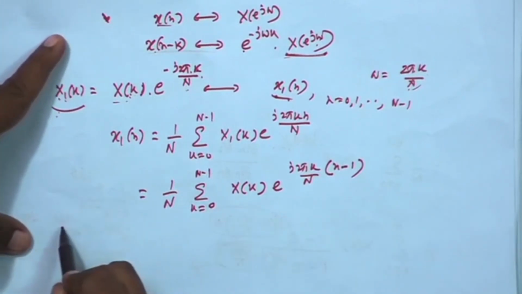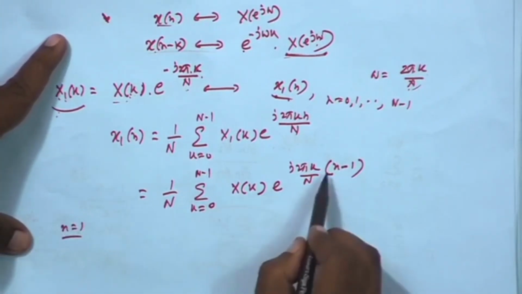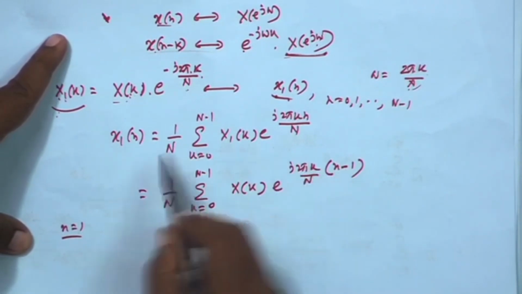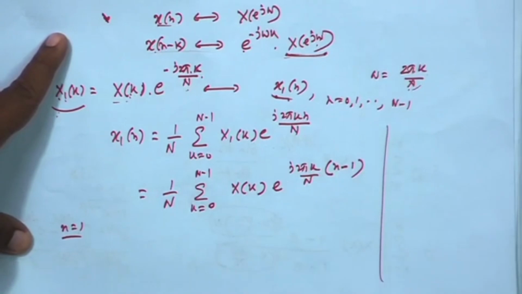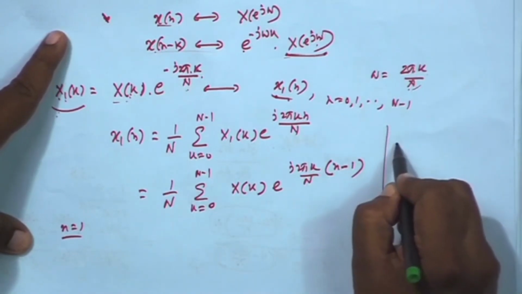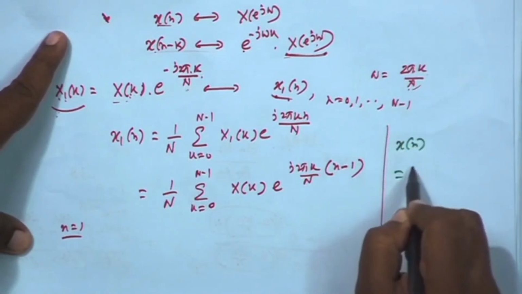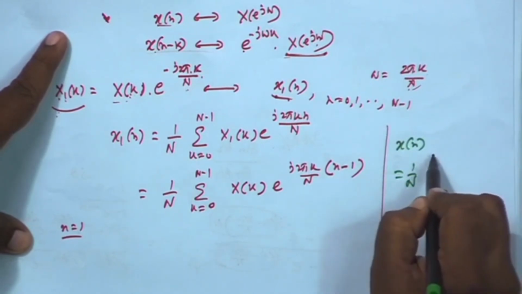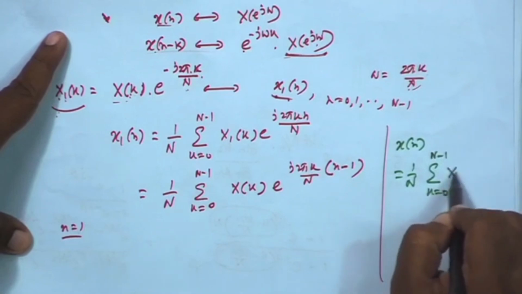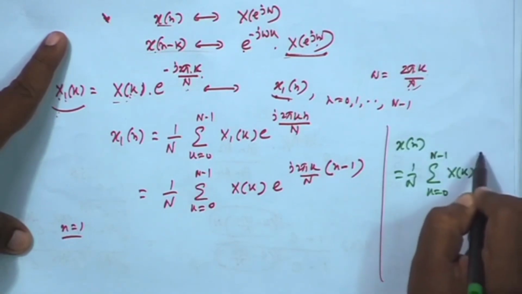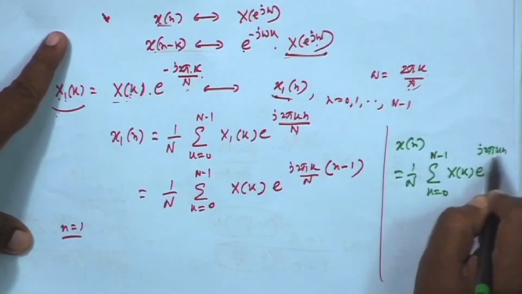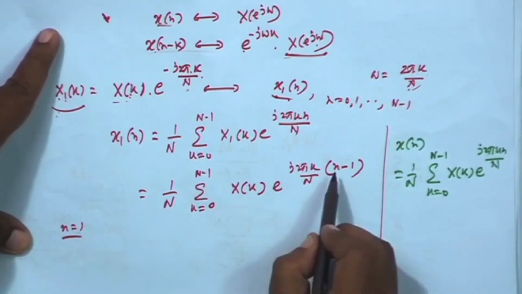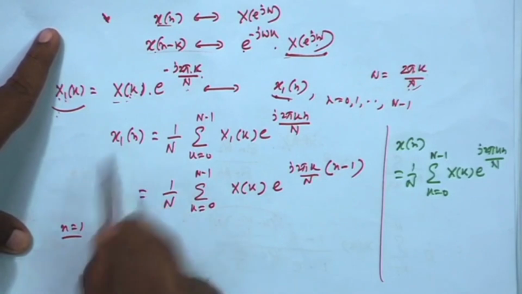Suppose we start with n equal to 1. If you put n equal to 1, this is 0. So, it is like the original, what was the original IDFT? What was x n? That was 1 by n summation. Now, here I start with n equal to 1 first, n equal to 0 I will do later.